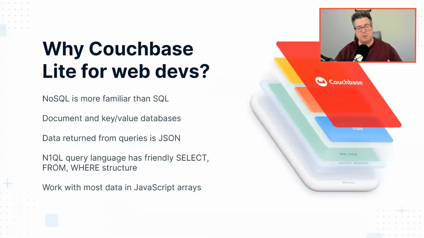Additionally, the type of databases that you work with, either document databases, which are based on JSON effectively in how they're stored, or key value databases, these are all data structures that web developers use day to day. They really are. And when we're working with return data from the result of queries from a Couchbase Lite query, you have some similar SQL aspects of selecting data and manipulating it, ordering it, and things like that.